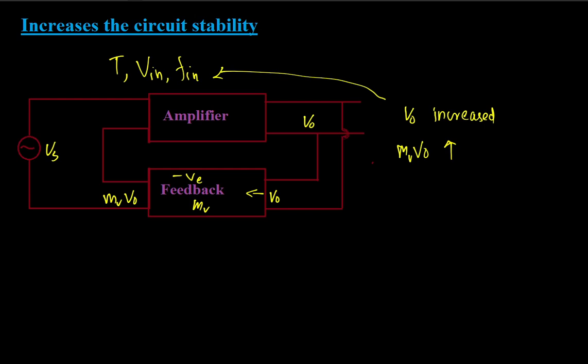The actual input voltage of the amplifier, that is Vin, is given by Vs minus MV into V0. So when there is an increase in this quantity MV into V0, this Vin decreases.